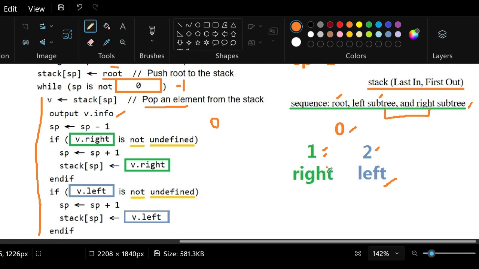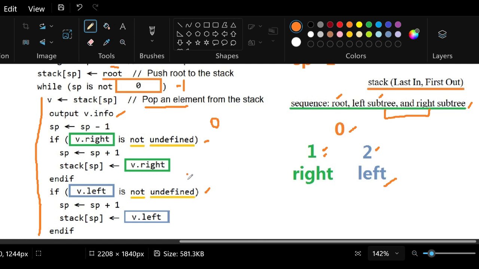So from the initial idea that it's root, left and right like that, because there's a stack, last in first out, then we need to put the left after we do the right. Okay, so the sequence would be like this in the if statements.